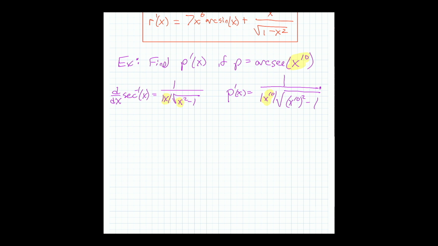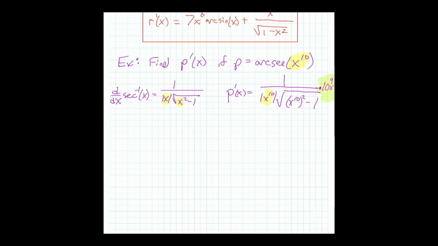Then I did not leave enough room, but there's going to be a chain rule, right? There's going to have to be a chain rule where you multiply by the derivative of what's inside. So what's the derivative of x to the 10th? 10x to the 9th, right?